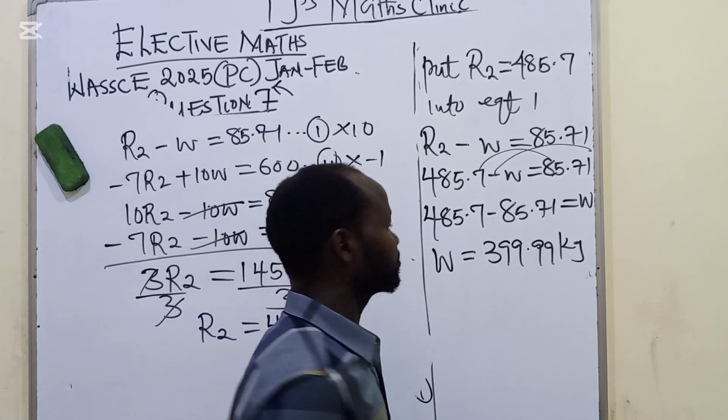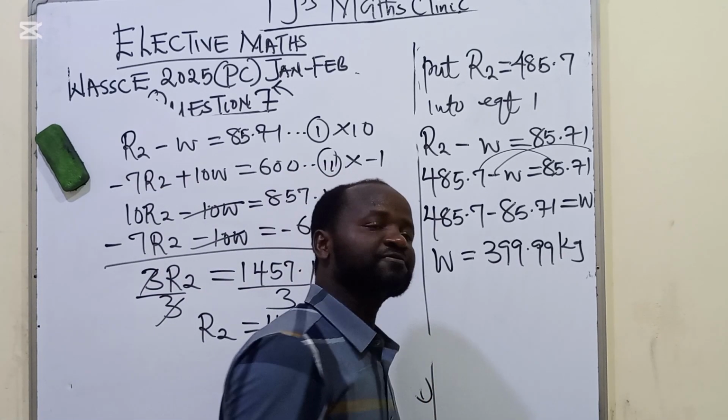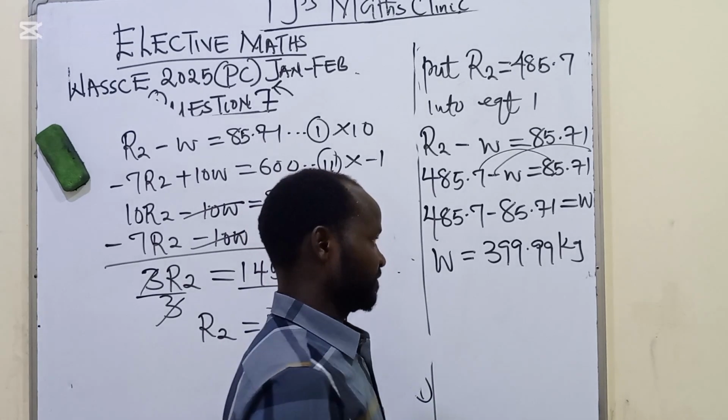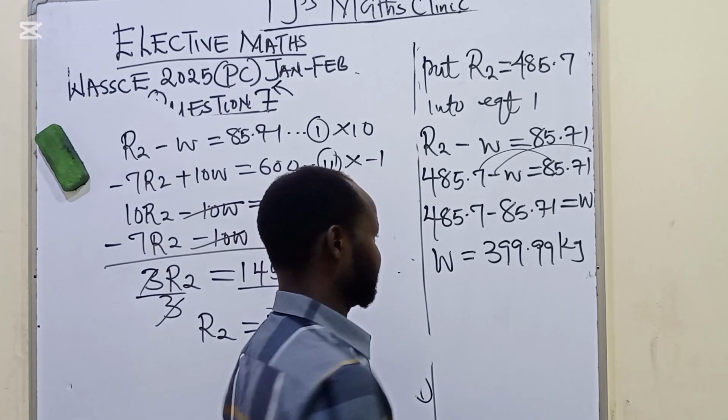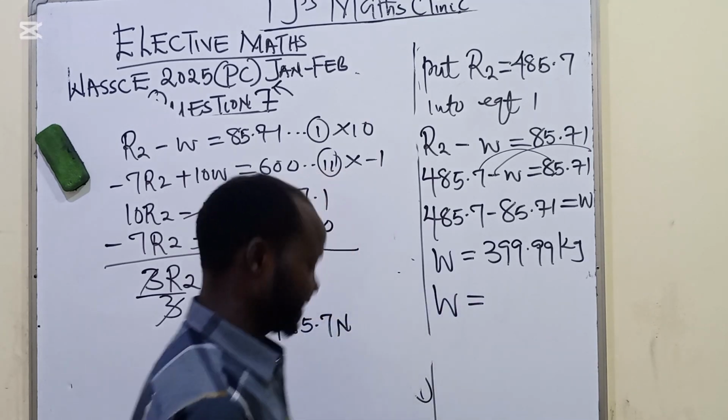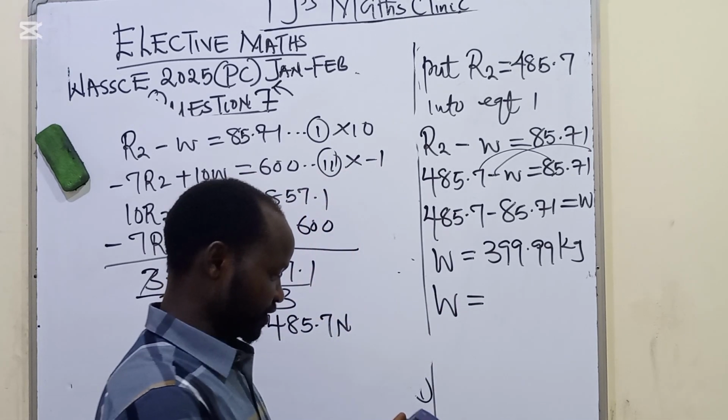Now we have to convert it to Newton. And when we are converting from kg to Newton, we multiply it by 10. Very important. We multiply it by 10. So W now will be 399.99 multiplied by 10.